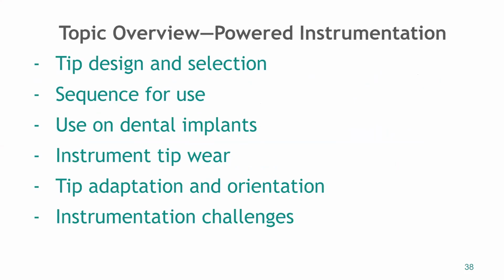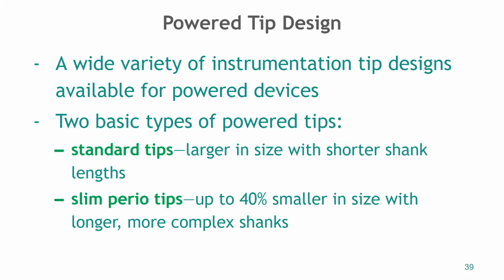So we're going to talk about tip design and selection, sequence for use, use on dental implants, instrument tip wear, tip adaptation and orientation, and instrumentation challenges. So a wide variety of instrumentation tip designs are available.